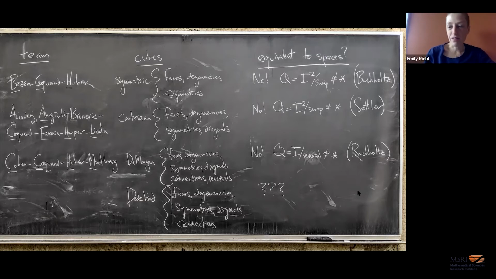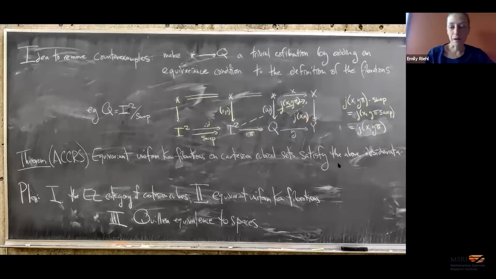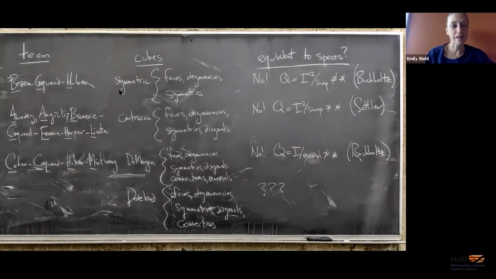And now I'm going to tell you the idea for our project and then what we do. So in the cases where we know that some particular cubical set model of homotopy type theory is not equivalent to spaces, the issue has to do with some quotient of some of the cubes by some sort of symmetry, the swap in this case and the reversal in that case.